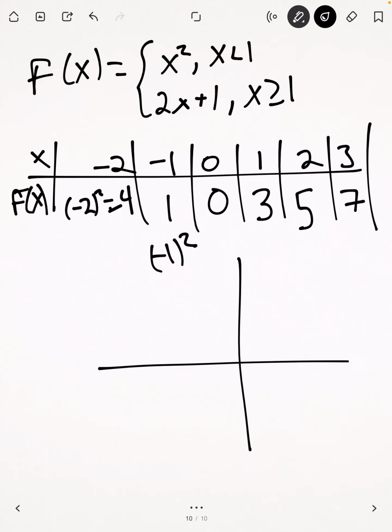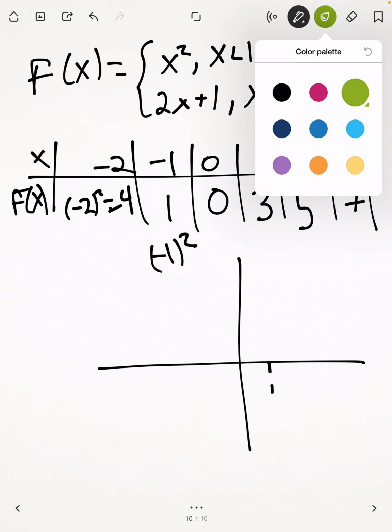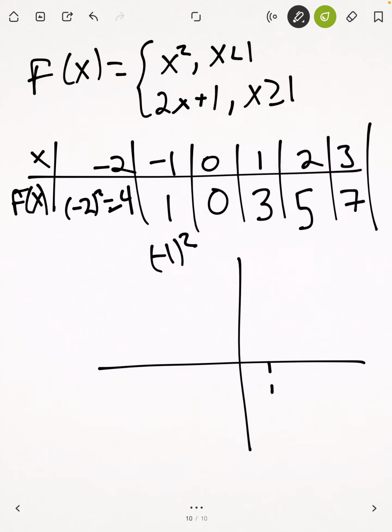And so to graph this, since 1 is our point of interest, I'll use a color here. At 0, it's 0. At 1, it's 3. At 2, it's 5. And at 3, it's 7.